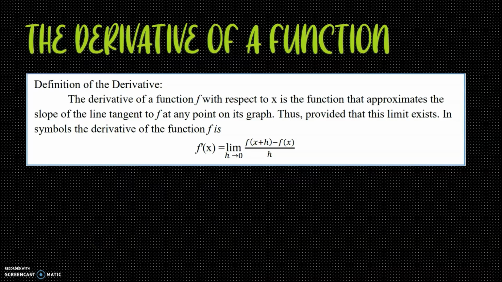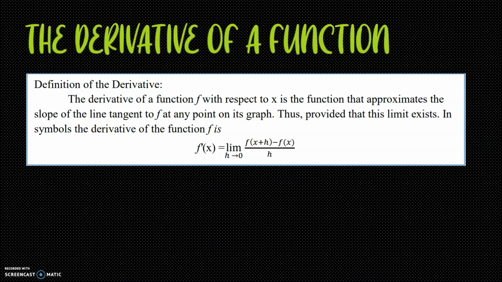We have already learned that the slope of the tangent line m to the curve y equals f of x is evaluated using m equals the limit of f of x plus h minus f of x all over h as h approaches 0.